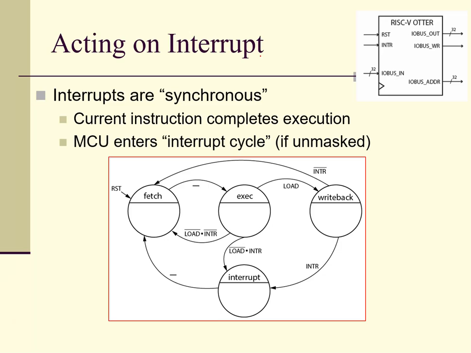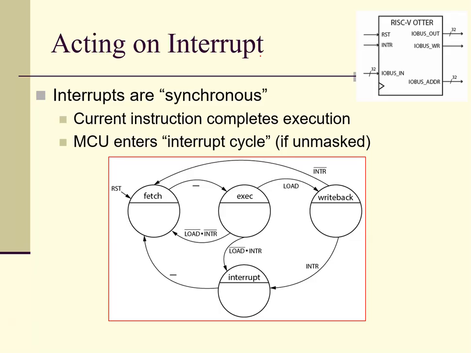So this is our new state machine. It includes an interrupt cycle, and essentially what's going to happen is I can go into the interrupt cycle. The interrupt cycle is just one state.